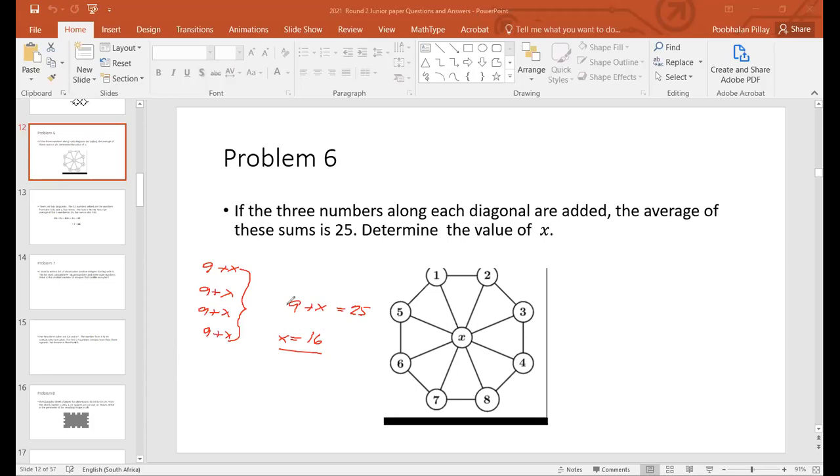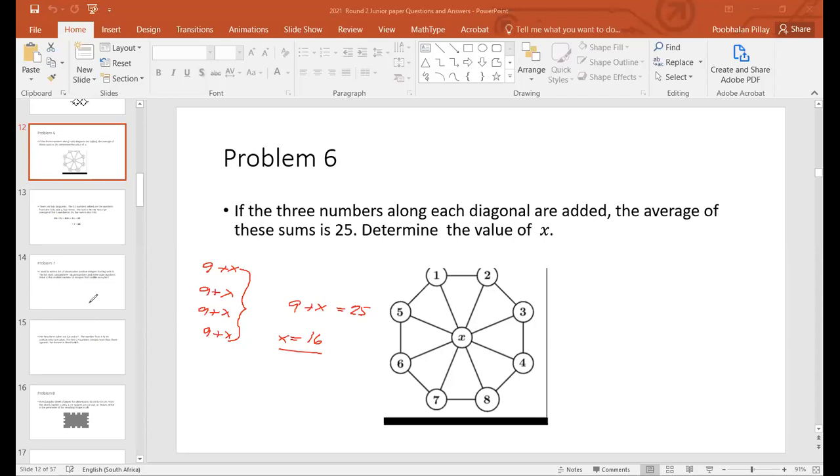Okay, so I didn't have to calculate any averages, because when I take each of those three sums, they're all the same. I don't have to average four numbers which are the same. It's just the same number itself, obviously. And that average is given. So it's quite an easy problem.